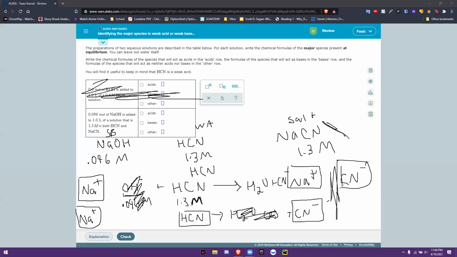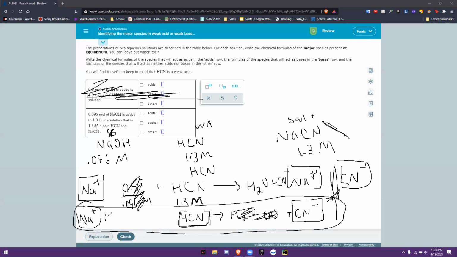These two are the same thing, so it's only one unique thing. You just ignore the water that was produced, but you have the CN minus, the HCN, and the Na plus, and that's going to be the final answer because it's these three things in the solution.